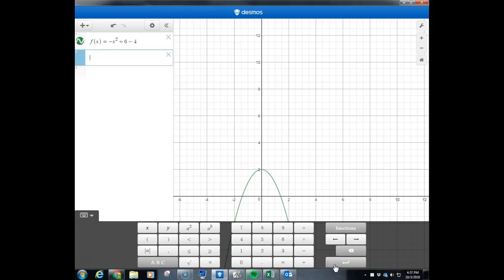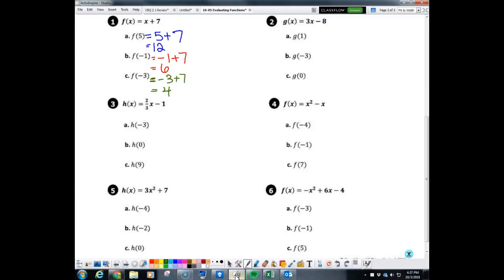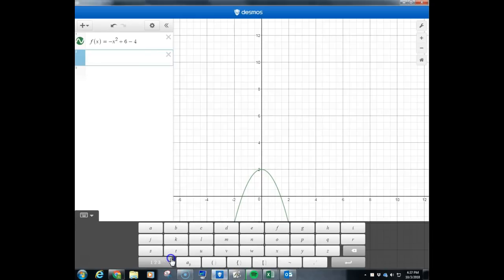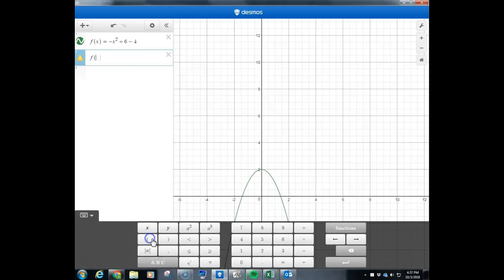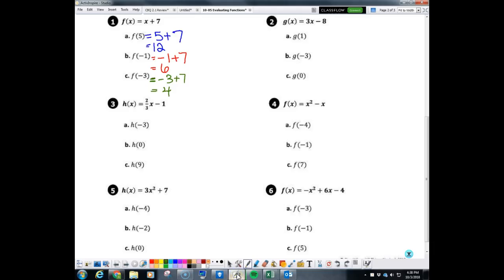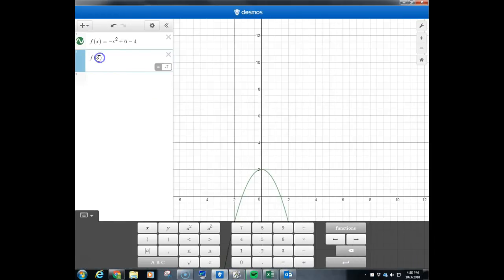Okay, and they want to know what f of negative 3 is. So let's type that in: f of negative 3. Ooh, that's hard to see on my screen. I get negative 7, so that is going to equal negative 7. Then f of negative 1, here you can just change it, right? The only thing that's changing is the inside.